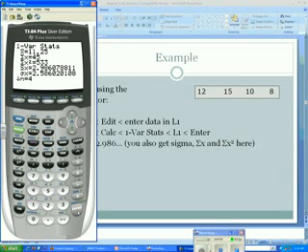And then it will tell us that Sx is 2.986, and that's what we got for using the defining formula and the computing formula when we computed by hand. But the calculator does all of that work for us.